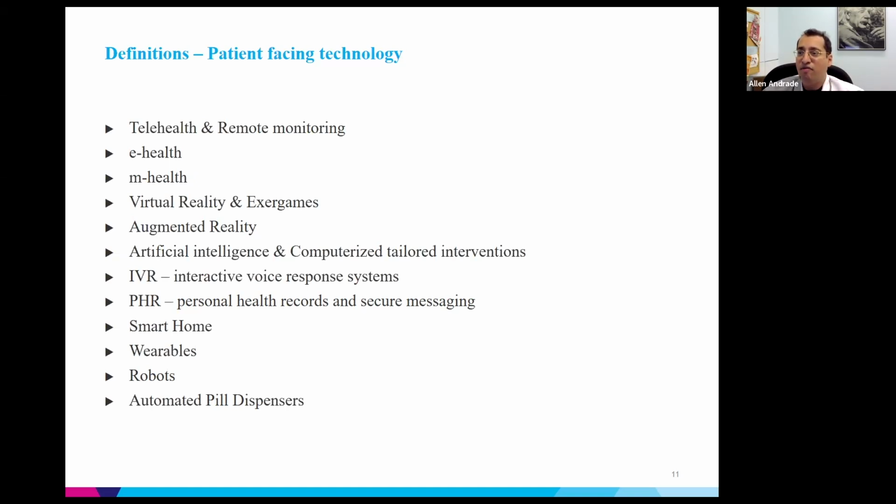There is data to support, for example, tobacco cessation. There's some debate. There is some data to support use for meditation, anxiety, and mental health.